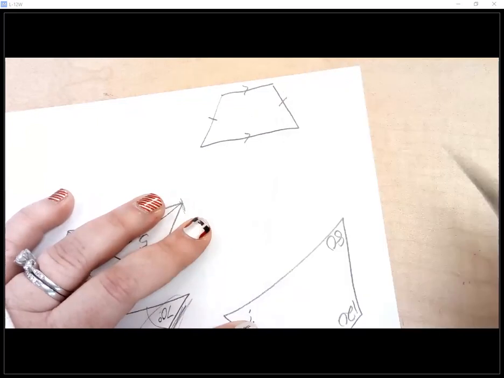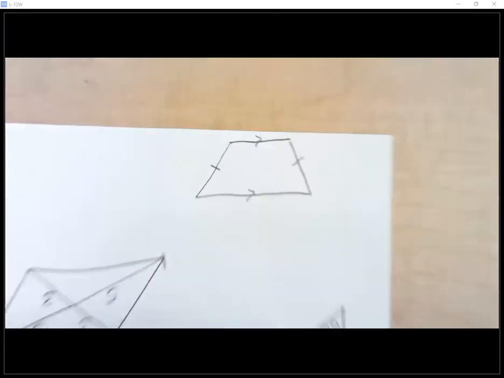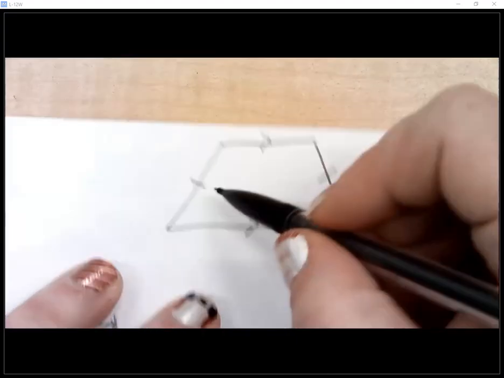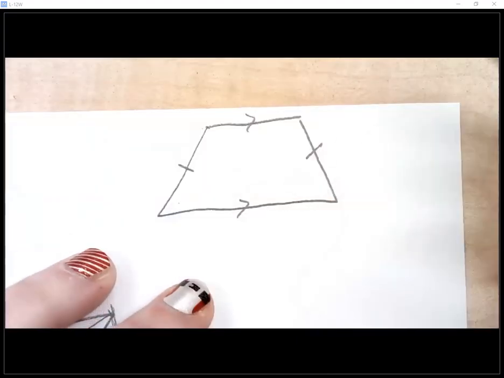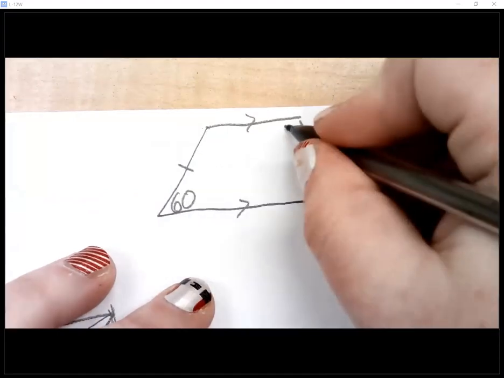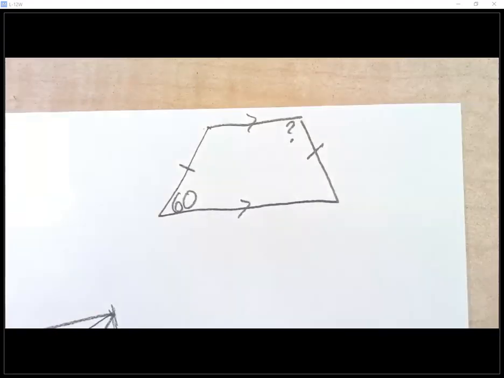If I gave you this trapezoid and I told you that this was, let's do 60, could you find me this angle right here?